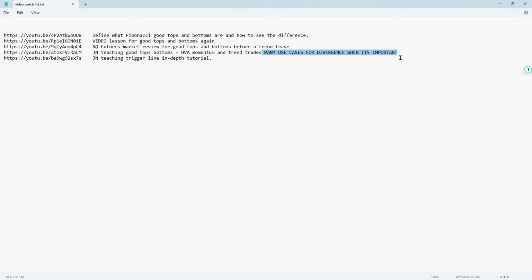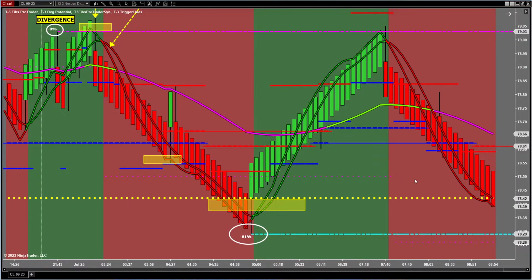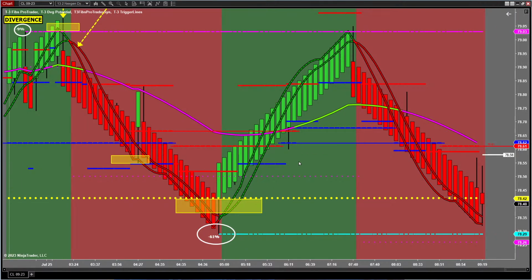And it's not only large chart divergence, but small chart divergence that helps. So we're just looking at the large chart here at the moment. But whenever you have a termination area that is combined with divergence and the triggers roll, you end up getting trades in the direction of the small triggers.